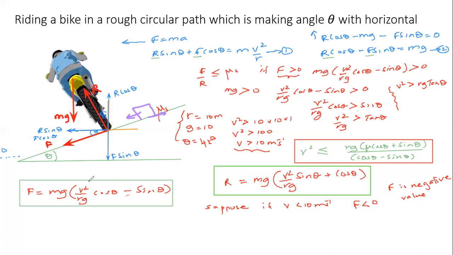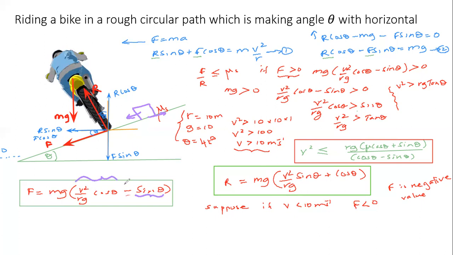So now we can see the direction of this force depends on this velocity, right? Is that clear? The direction of the force depends on this velocity, because if this term is greater than this term, then F is positive.